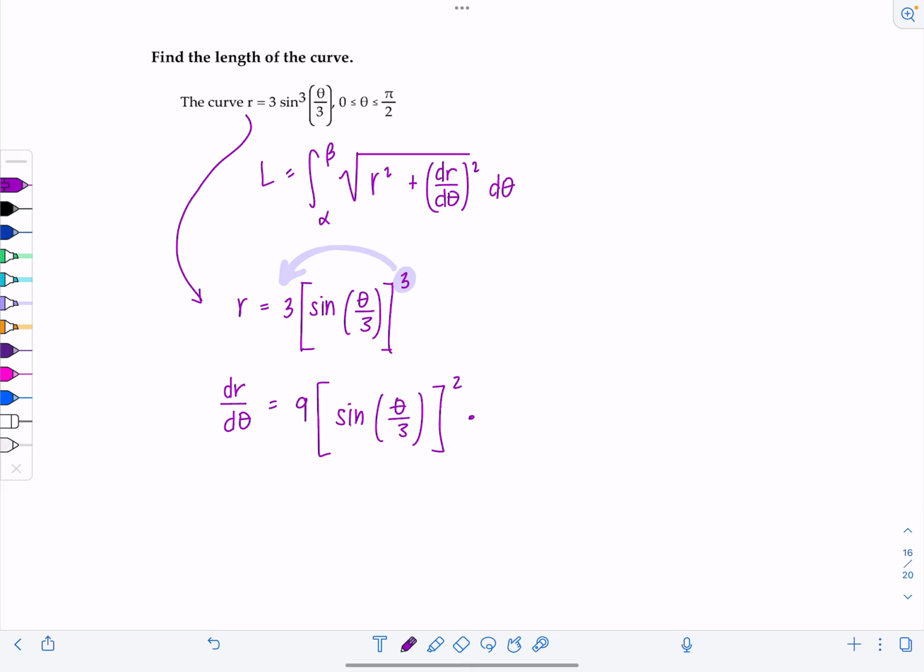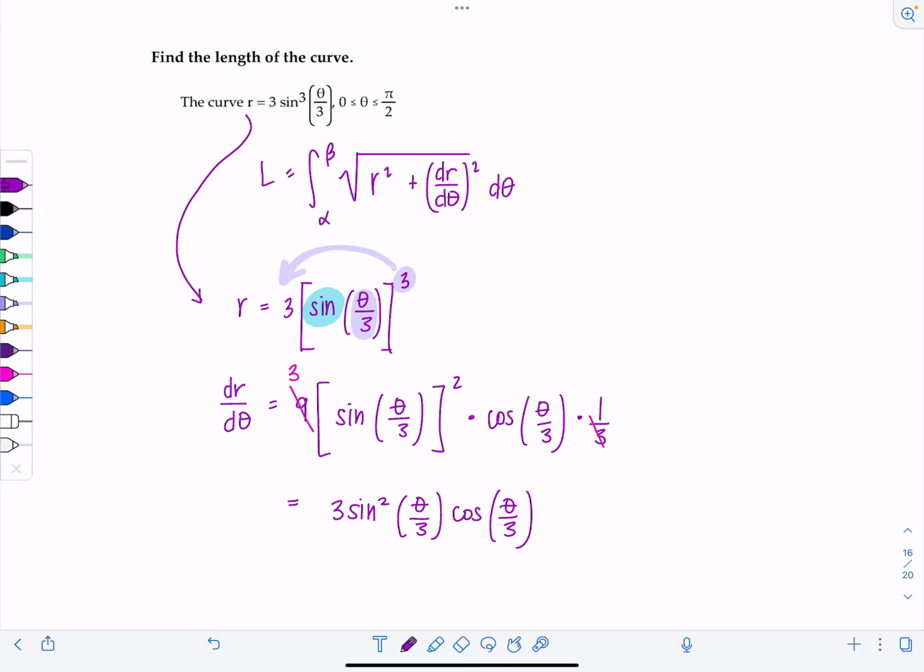Then by the chain rule, I have to multiply by derivative of the next layer. So what's the derivative of sine something? It's cosine something. And then now next layer, what's the derivative of theta over 3? Just think it's 1/3 times theta. So then it's just going to be 1/3. And then the 9 and the 1/3 cancel. This is just a cute little 3. So this is 3 sine squared theta over 3 cosine theta over 3.